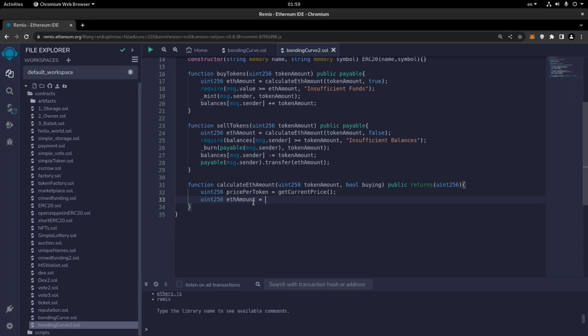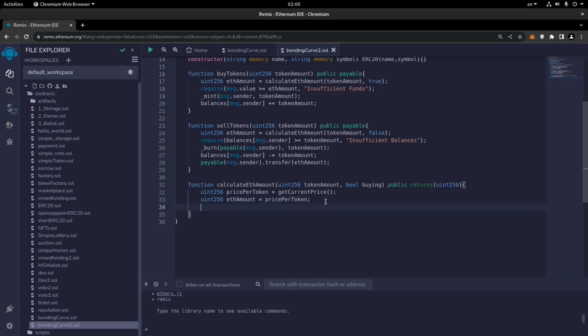So ETH amount equals price per token. This one is for the first token, right? So for the first token, price per token determines the first token ETH amount based on the get current price.